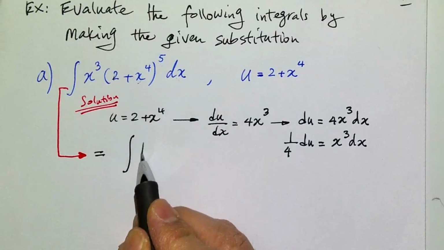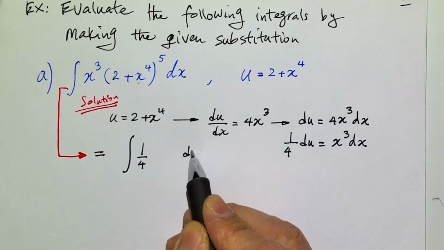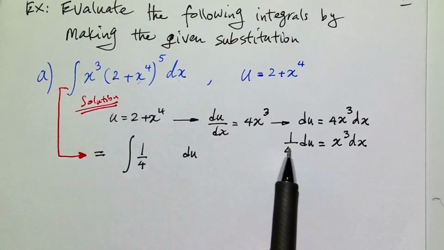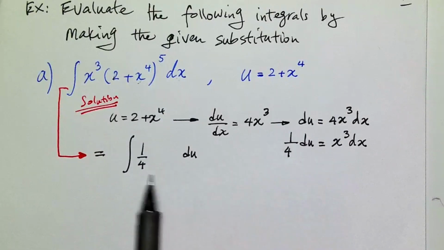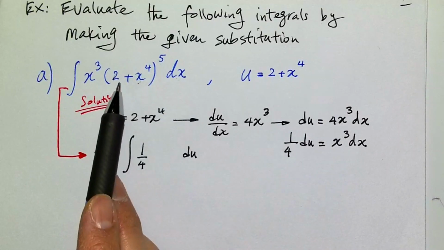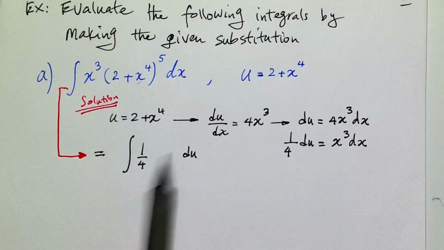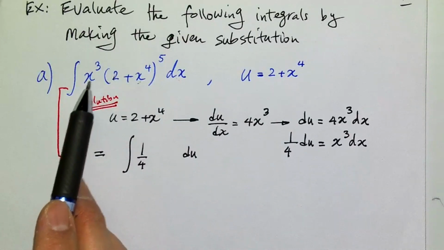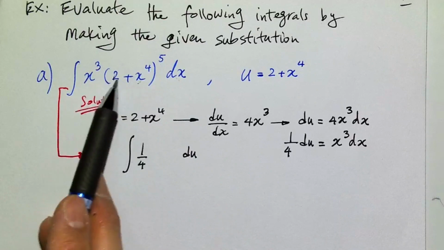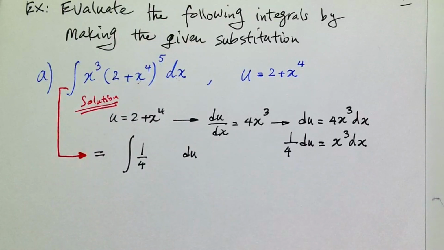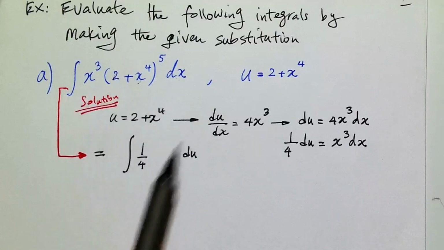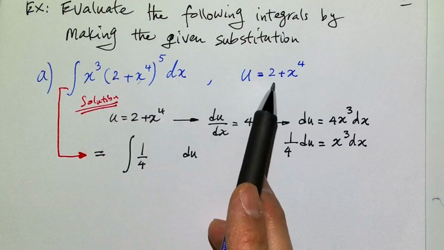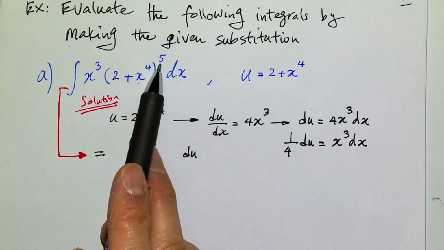So let me write it like this, 1/4 du, right? x cubed dx are replaced by 1/4 du. And I just put a space here because I want to initially write this, replace or substitute for each piece in the same order. Then we can change the order. But in that order, I'm replacing everything. Now, for the middle piece with the parentheses, that was u, right? u to the 5th power.